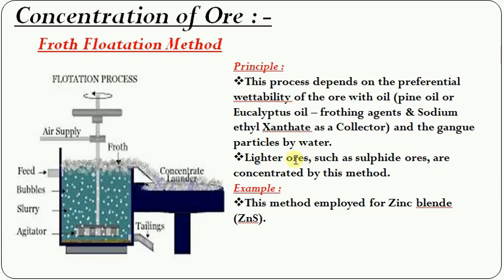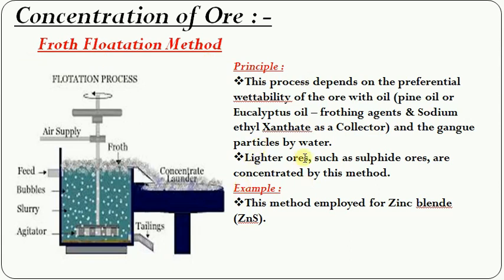So the sulfide ores first combine with sodium ethyl xanthate and then form a new molecule. The new molecule is water repellent. The water repellent molecules combine with the pine oil and then move to the top of the surface of the water. So this is an idea. So the collector molecule plays a very important role in the Froth flotation method.